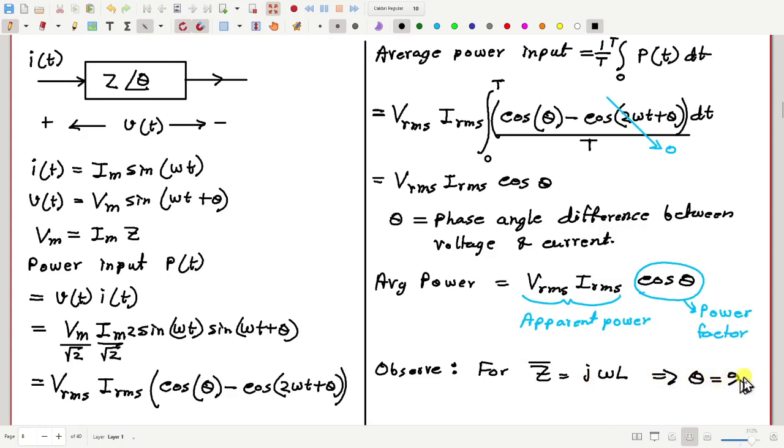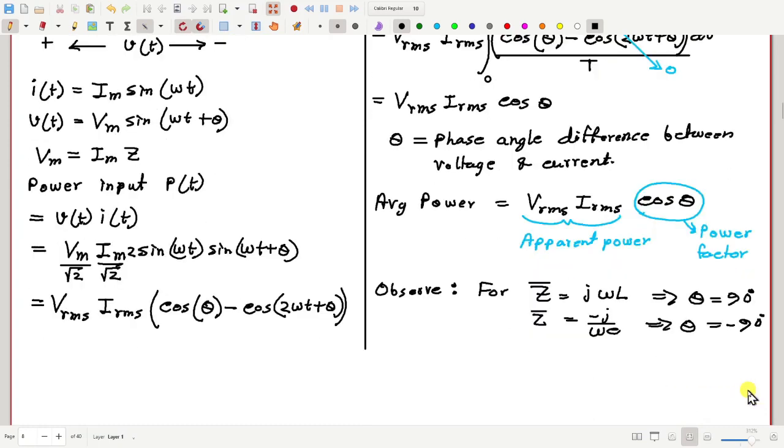Theta is 90 degrees. Similarly, if we have Z equal to minus j by omega C for a capacitor, then theta is equal to minus 90 degrees. For both these cases, we have cos theta equal to cos of plus or minus 90 degrees, which is equal to 0.